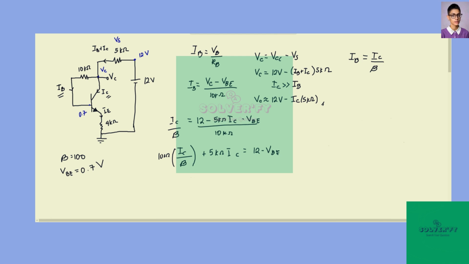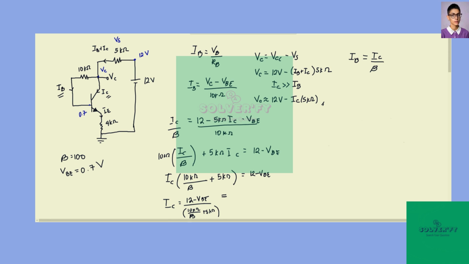Now, we could factor out IC from these two terms, giving us IC times (10 kilo ohms over beta plus 5 kilo ohms) is equal to 12 minus VBE. We get IC is equal to 12 minus VBE divided by this whole term here, 10 kilo ohms over beta plus 5 kilo ohms.